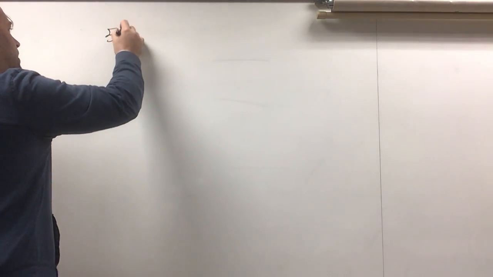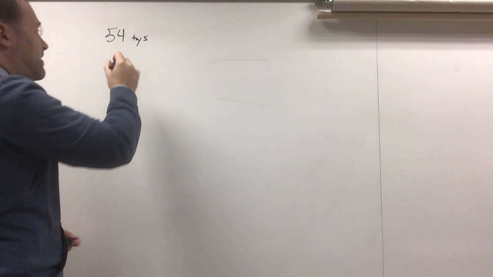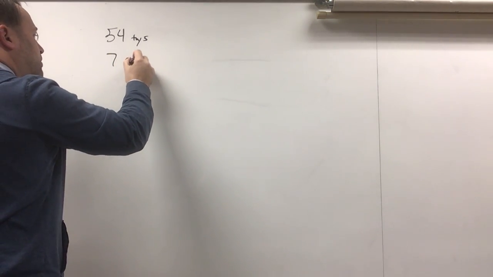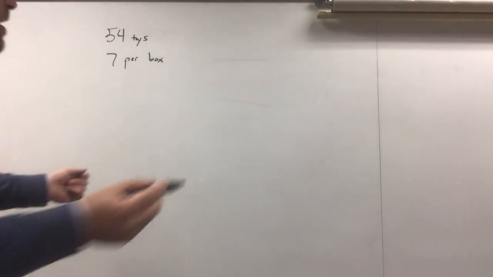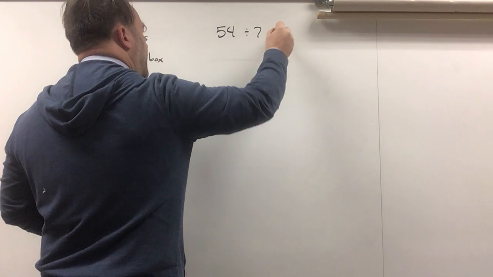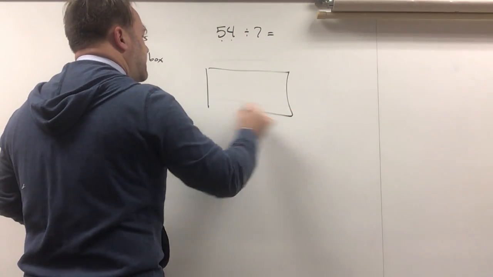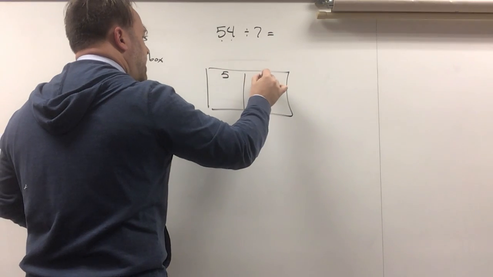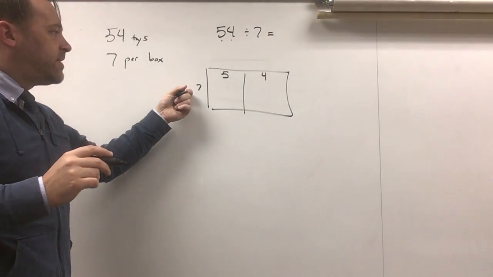Okay? All right, so he's got 54 toys, right? And I think you said 7 per box. So it sounds like we're dividing, right? 54 divided by 7. Got 2 digits here. I'm going to make 2 boxes. 5 and a 4 and a 7. I'm going to count by my 7s up to 5.